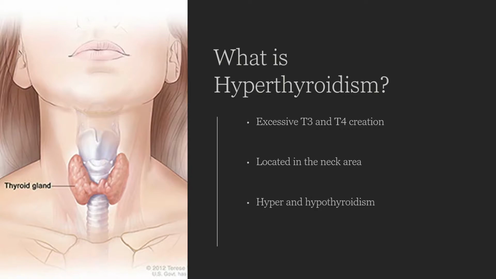The main hormones that your thyroid makes include T3 and T4, which are a little bit tough to pronounce: T3 is triiodothyronine, and T4 is thyroxine. It affects your whole body, and it is a condition that needs to be treated by some type of healthcare provider.